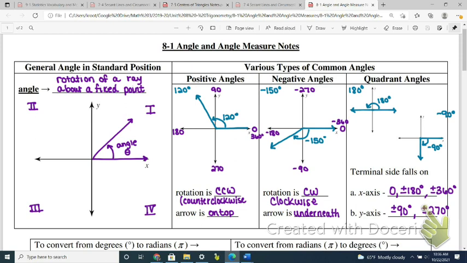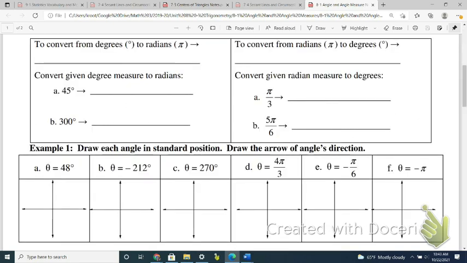So next, let's look at how we convert from degrees to the other type of measure for angles, which are radians. So degrees are the unit of measure that we are most familiar with, but we can also measure in radians. Radians always involve a pi.